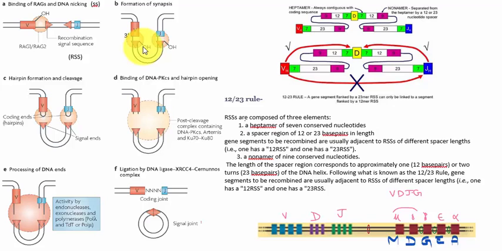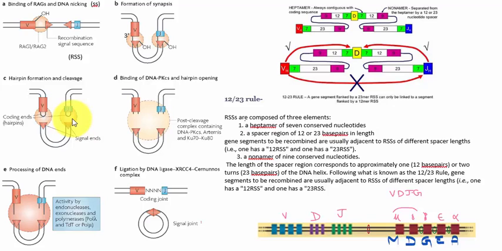Then the reactive hydroxyl group is positioned by the recombinase enzyme to attack the phosphodiester bond of the opposite strand, forming two DNA ends: the hairpins on the coding segment and a blunt end on the signal segment. These are the signal segments, the blunt ends, and in the coding part, two hairpin structures.